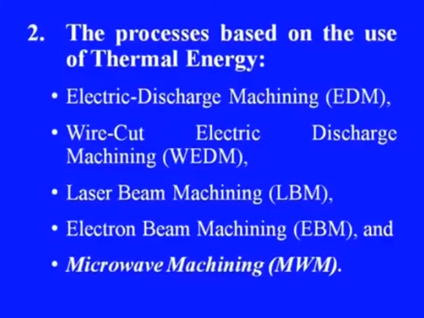Then another category is the processes based on the use of thermal energy. These processes include electron discharge machining, also known as EDM, then wire cut electric discharge machining, also known as WEDM, then laser beam machining, very popular as LBM, then electron beam machining, known as EBM.